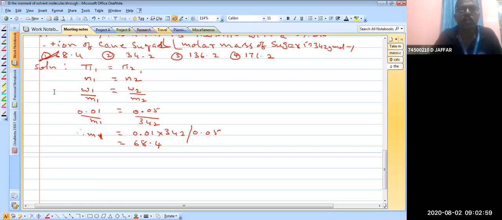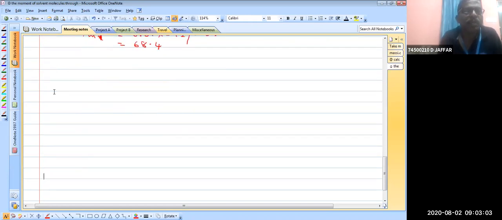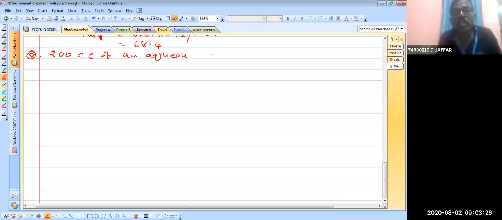Next question. Question number 8. Here 200 cc, cubic centimeter, of an aqueous solution contains 1.26 gram of polymer, right?